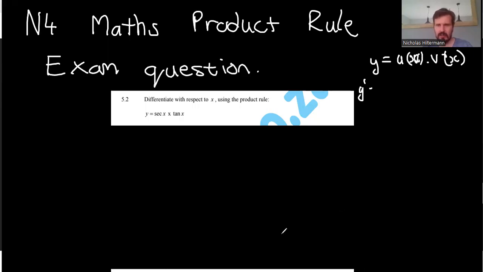Do that again. u(x) times v(x). The derivative is the derivative of one of the things times the other thing, plus the first thing times the derivative of the other thing. So it's sort of derivative of u times v(x), plus u(x) times v dash.